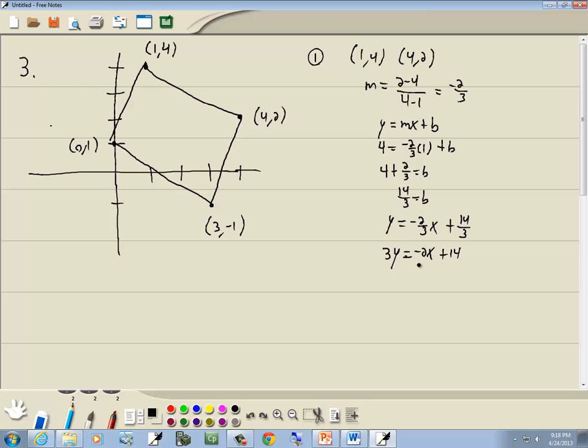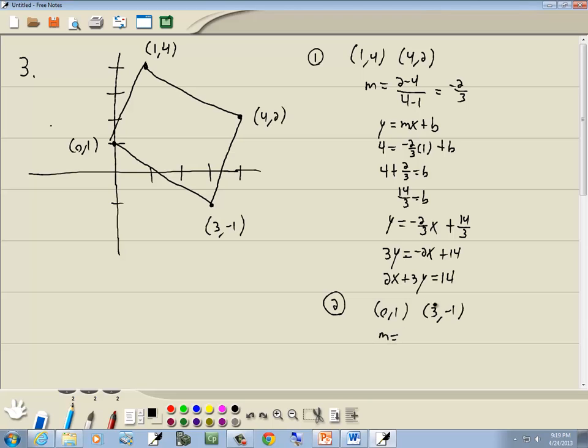And if I take negative 2x over, I'm going to get 2x plus 3y equals 14. Okay, so that's our first one, and that's going from here to here. Well, going from here to here will be the points (0, 1) and (3, negative 1).